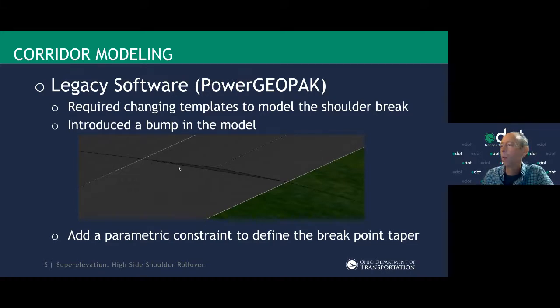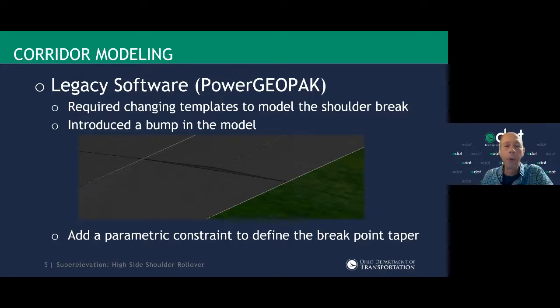So we had a template that just did our rollover, and then we would have a separate template that had the shoulder break point, and we would use a parametric constraint to control this, either by tucking that point right up at the edge of pavement and then having our parametric constraint just move it out over a station range. Or another way would be this slope on the front of that break. We could adjust that with a parametric constraint.